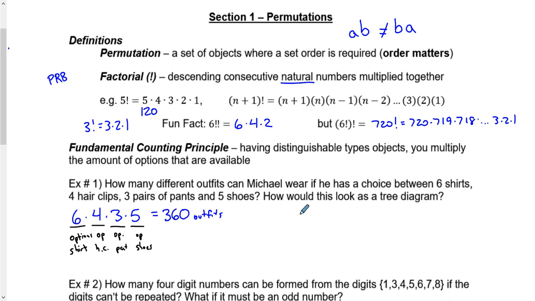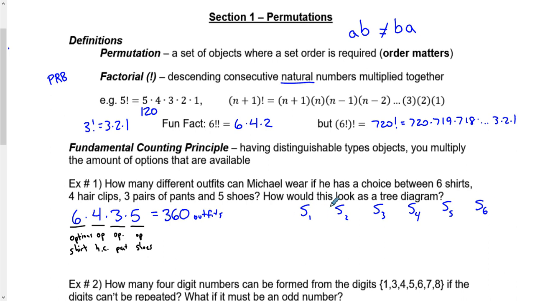Now, this one is a very convoluted one. There's easier ones, especially ones I like doing in Foundations 30. But we could have shirt 1, shirt 2, shirt 3, shirt 4, shirt 5, and shirt 6. All of these are different types of shirts.